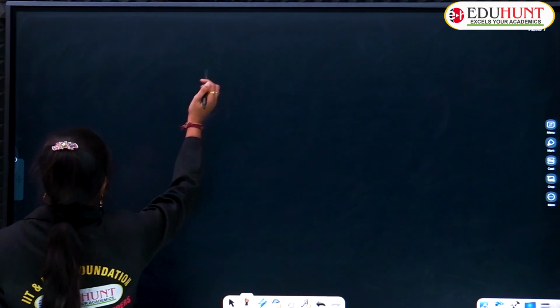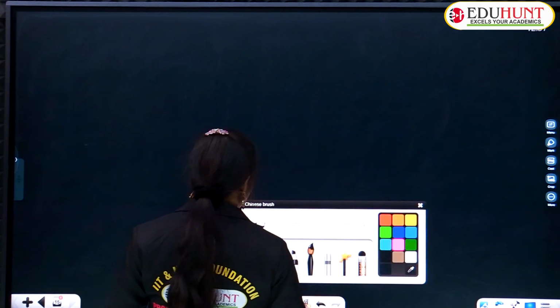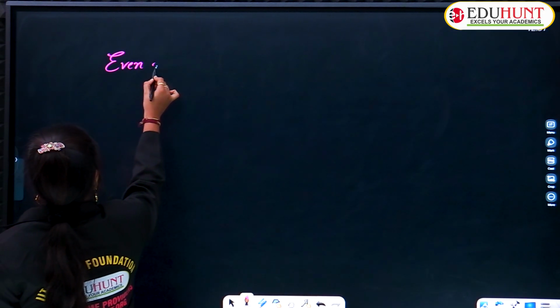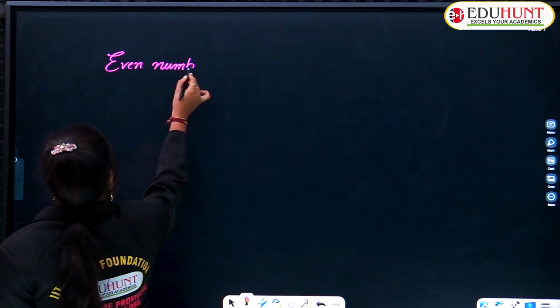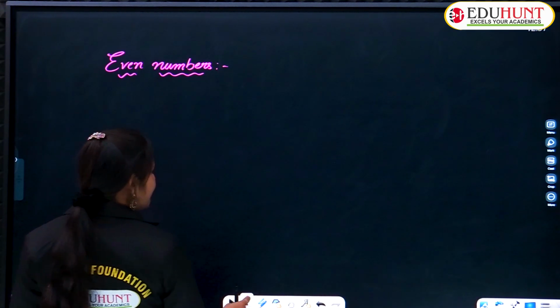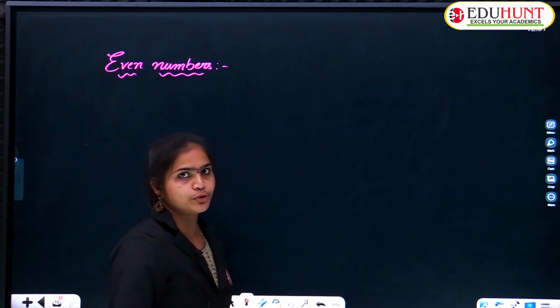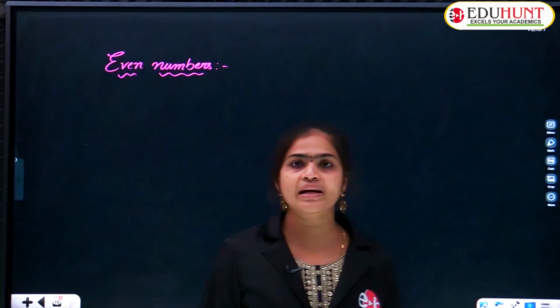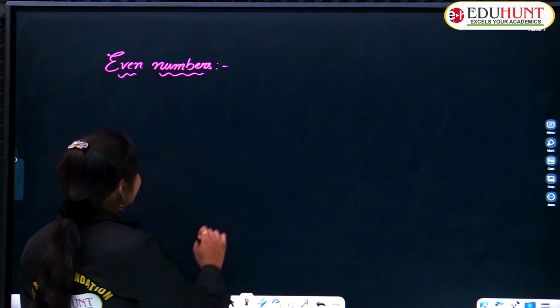Next one we have is even numbers. Even numbers means numbers which are exactly divisible by 2. Those numbers are known as even numbers.